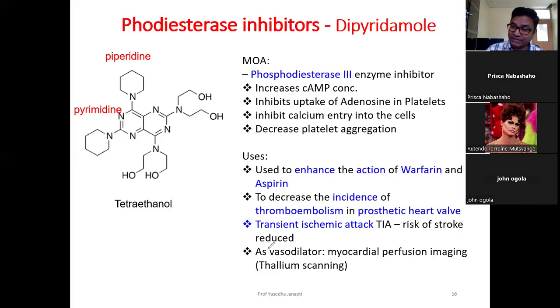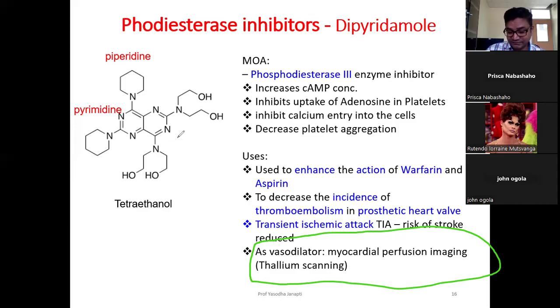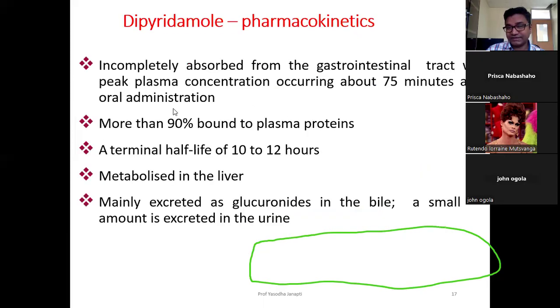One more important thing is that whenever you want to do imaging by thallium scanning, if you give this drug to the patient, the blood flow increases and we can see the blood flow in the heart. These are the uses.